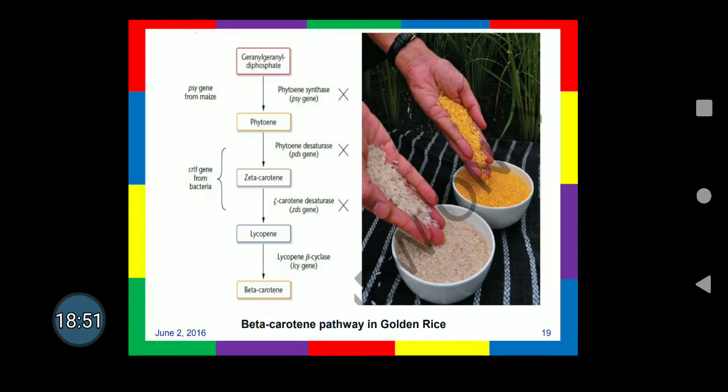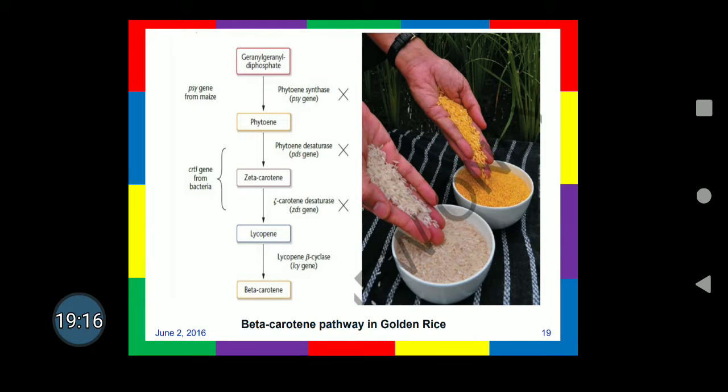So here geranyl diphosphate is converted to phytoene in the presence of phytoene synthase, which is coded by the PSY gene from maize. Then phytoene desaturase converts it to zeta carotene.